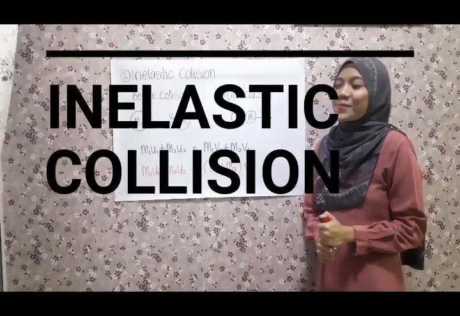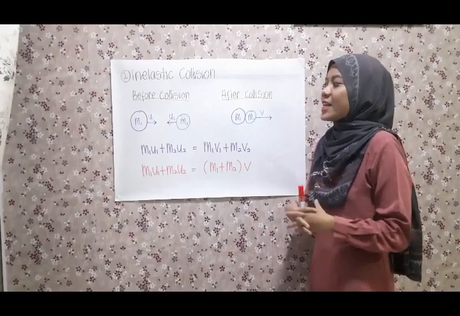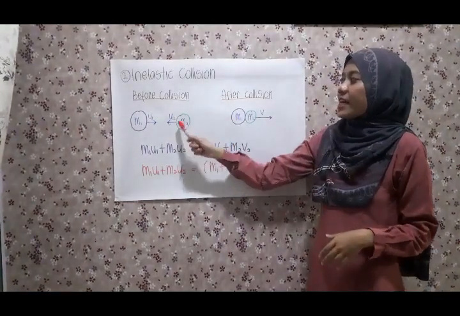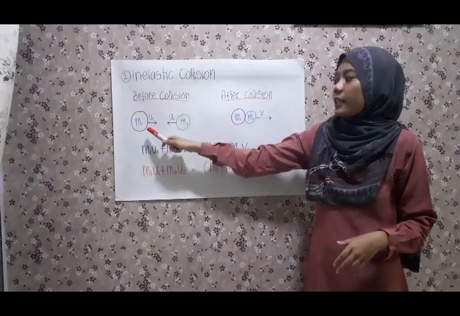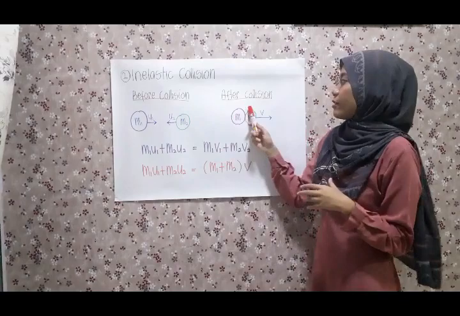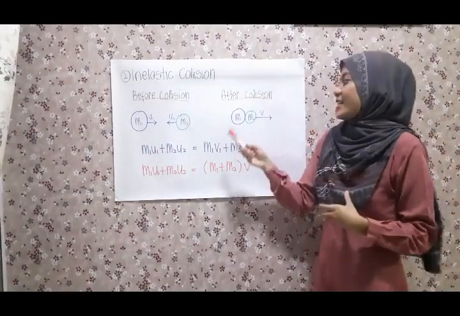Okay class, let's proceed to the second type of collision, which is inelastic collision. What is inelastic collision? Let's take a look at the diagram. Before collision, the two objects will collide together, and after collision they will stick together and move together in the same direction.